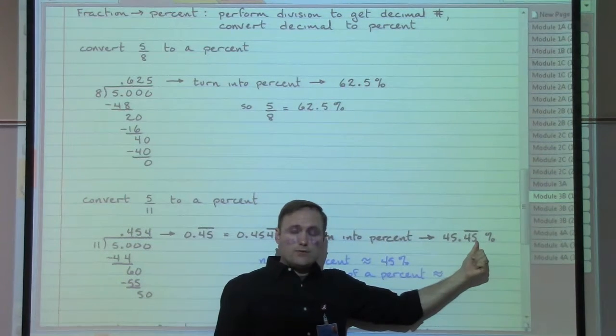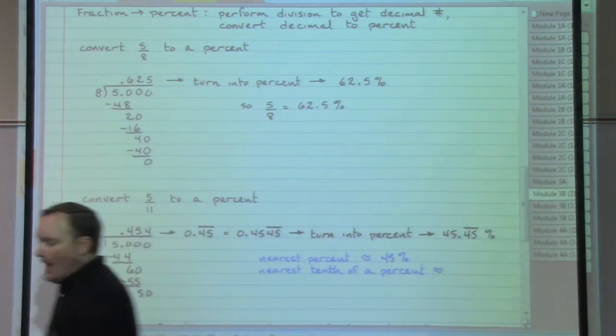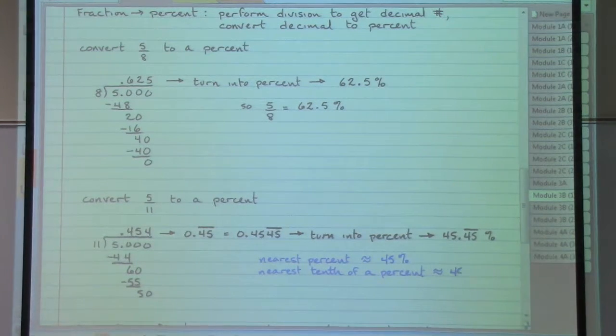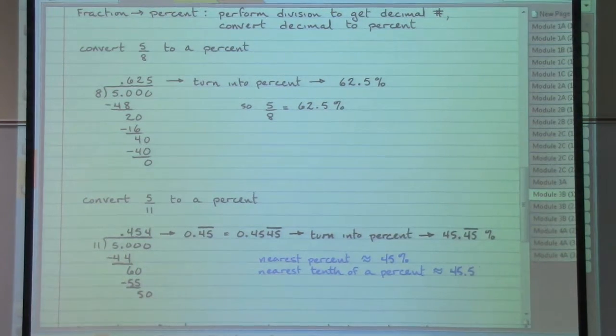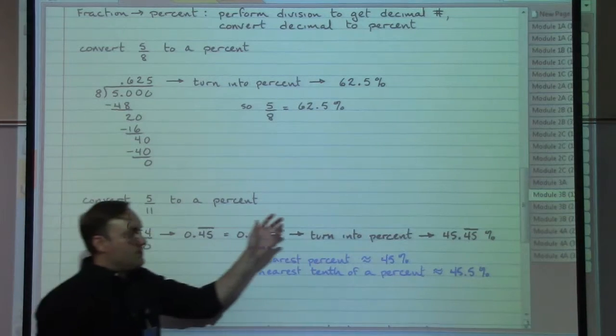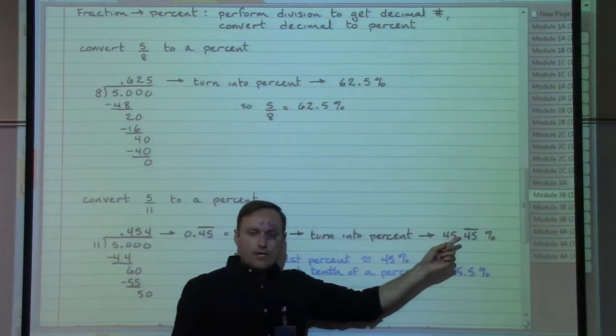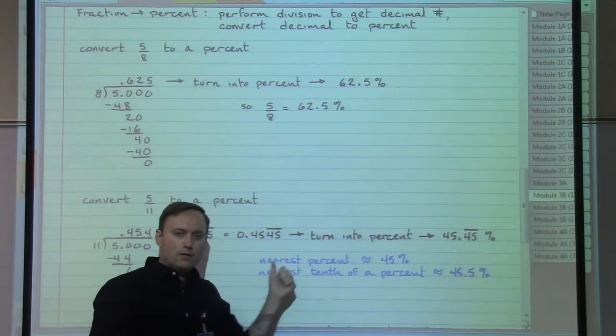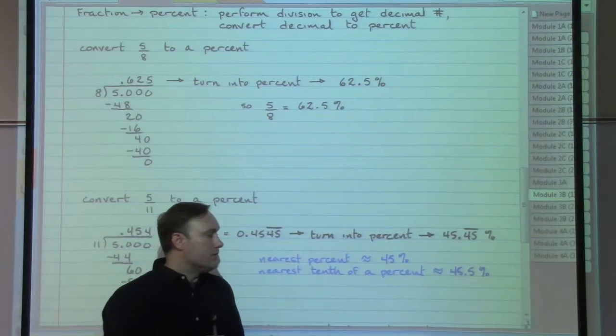My rounding directions tell me that this means that I'm going to round the 4 up to a 5 so that our answer is 45.5%. Again, make sure that you are getting through all of your steps and reaching a percent answer before you worry about any rounding directions that have been given to you.